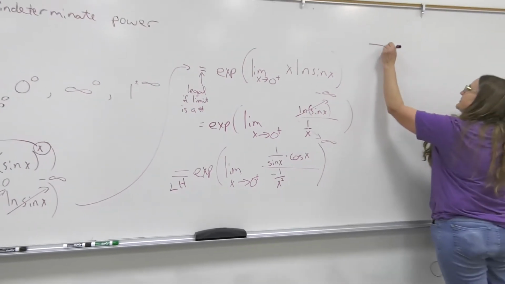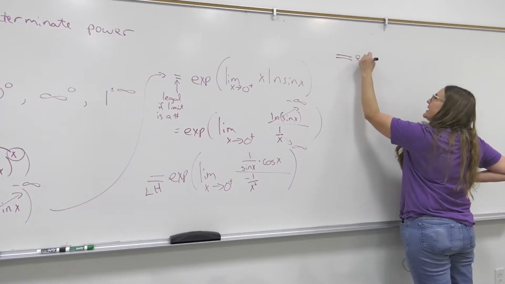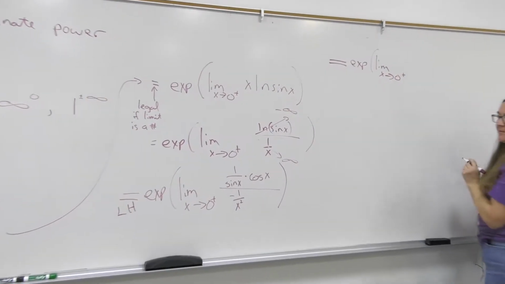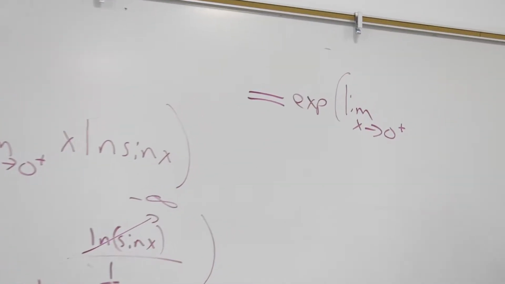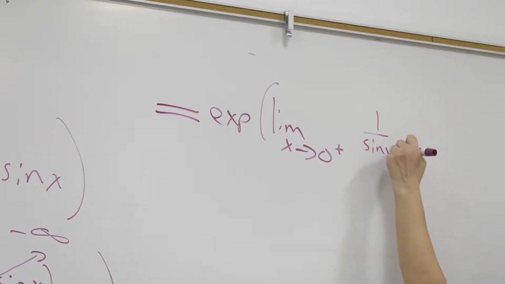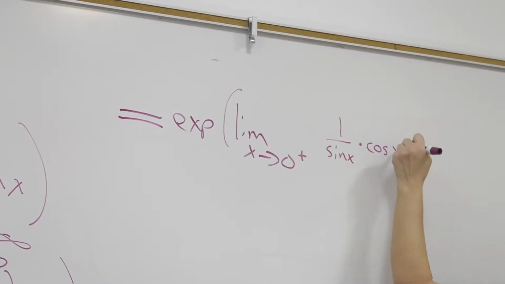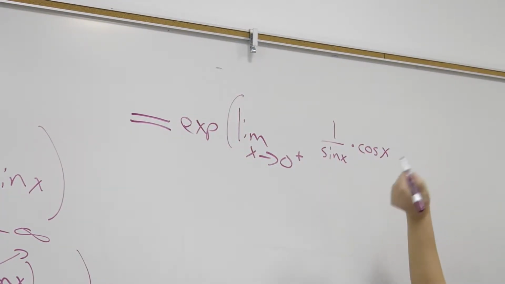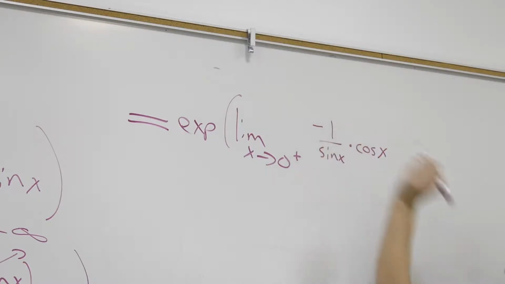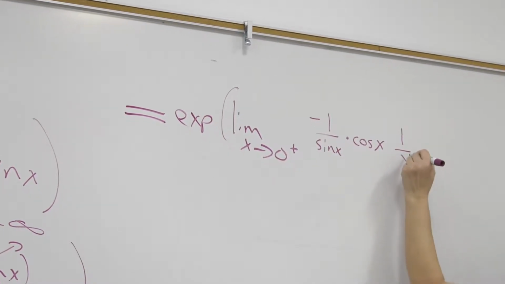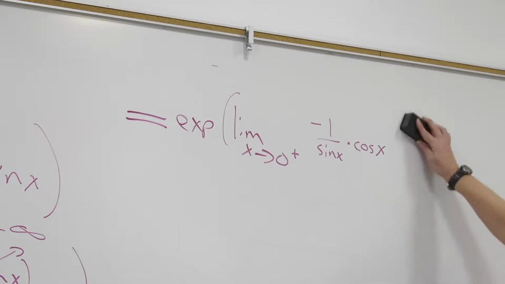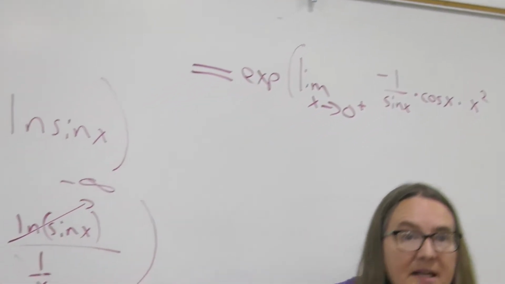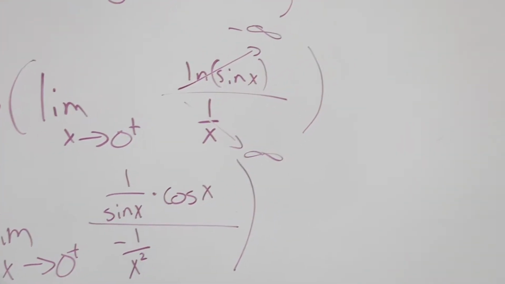So this is exp of the limit as x goes to 0 from the positive side of 1 over sine x times cosine of x times negative, I'm just going to bump that negative to the front, 1 over, times x squared. Because if I flip and multiply, that's going to become a negative x squared.